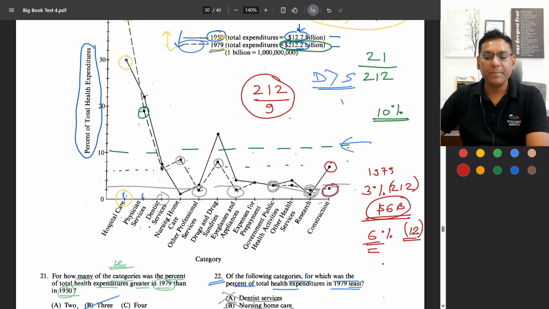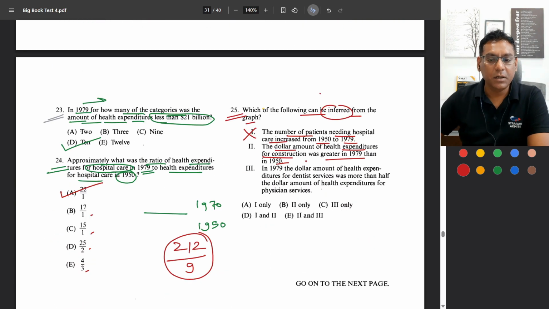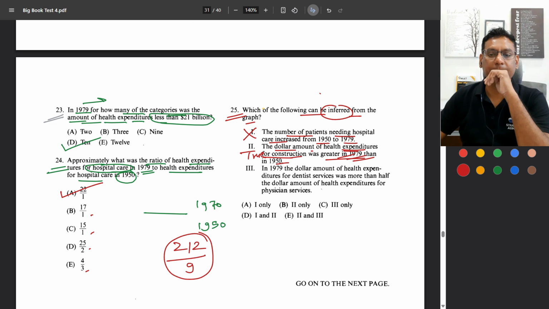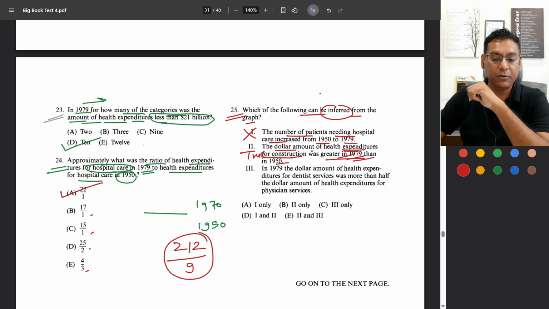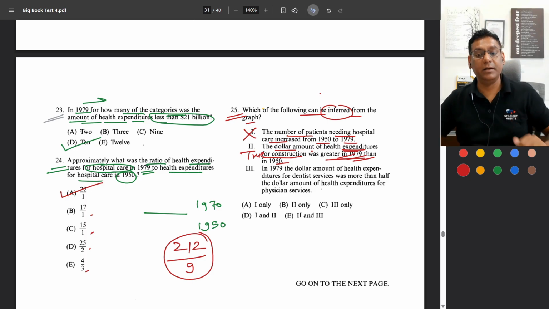So 1950 is significantly less. The dollar amount for health expenditure for construction was greater in 1979. True. I didn't even find out the actual number. That's not important. It was significantly greater.